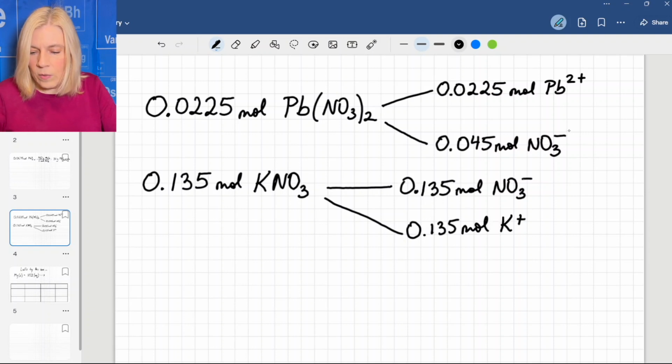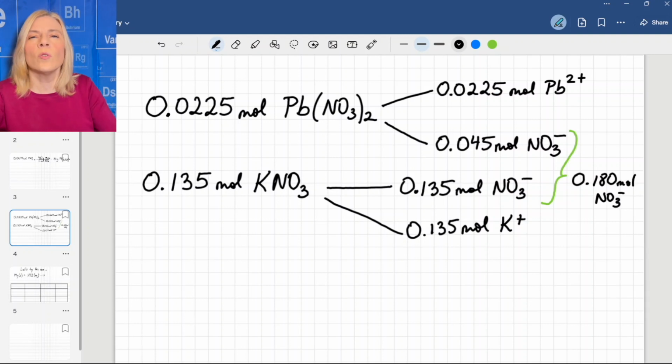This nitrate we can add up, because this is this and this swimming. We're putting everything in one big beaker. I have 0.180 moles of nitrate together. 0.180 moles of nitrate and 0.135 moles of potassium.